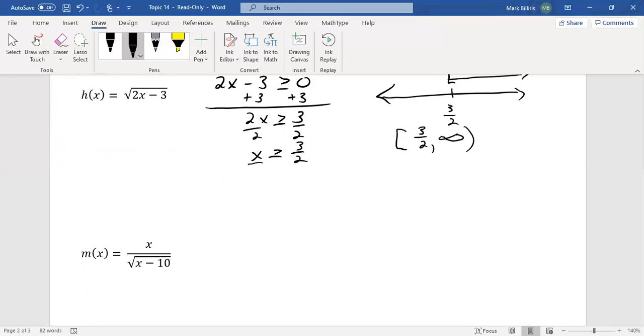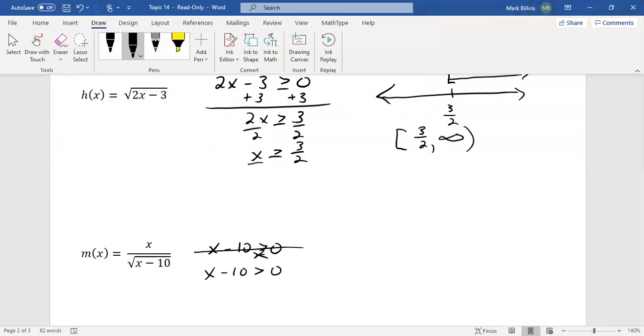So initially, we would think to set up this problem as x minus 10 is greater than or equal to 0 because of the x minus 10 being underneath the radical sign. But the fact that the square root, that radical, is in the denominator, it can't equal 0. So whenever we're setting up this problem, 0 can't be a part of the solution. So we'd set it up as x minus 10 is greater than 0.